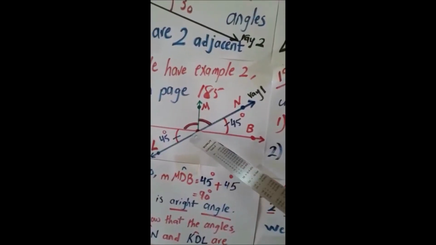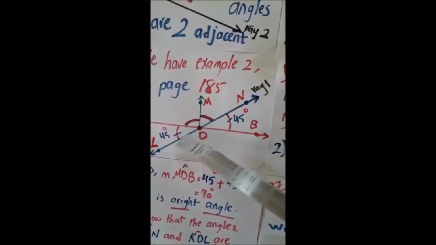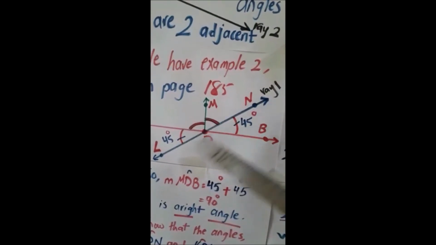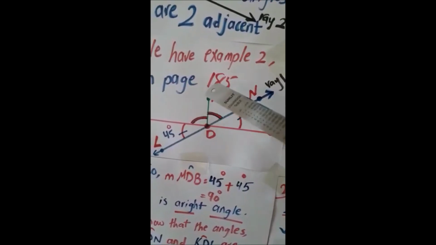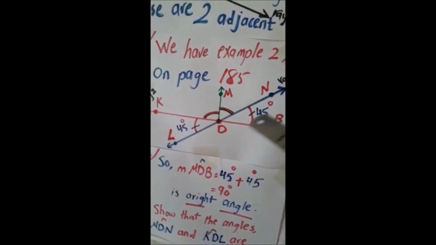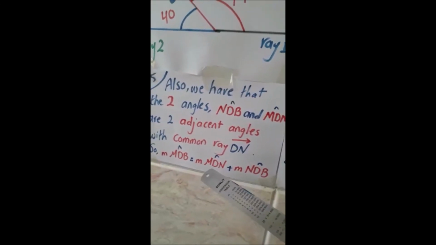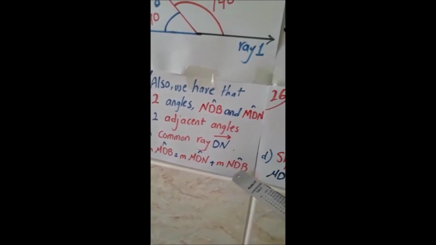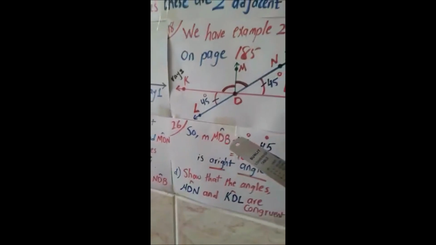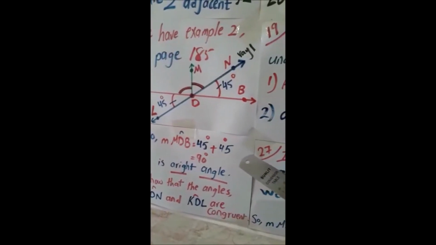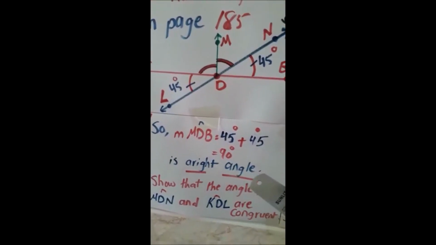Yes, guys, the common ray DN is the common ray for the angles MDN and NDB. So the measure of angle MDB equals the measure of MDN plus the measure of NDB, and we know that this is 45 and this is 45. So the measure of angle MDB, the big one, equals 90, and we say that this angle is a right angle.